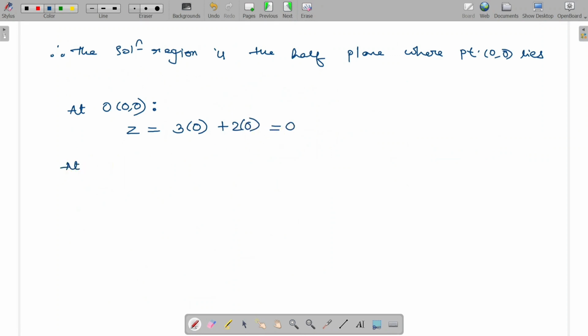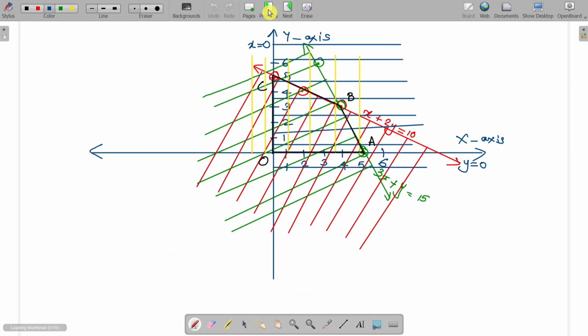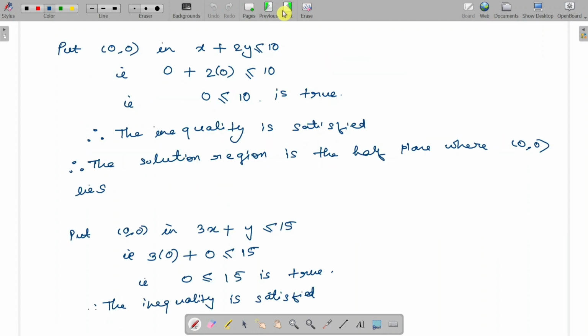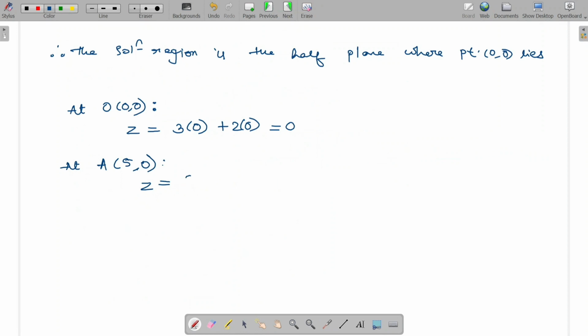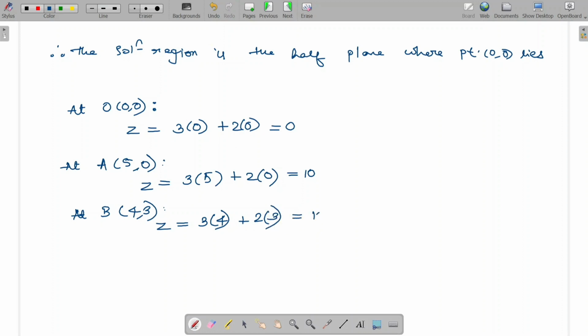Now at A equal to 5, 0, z is equal to 3 times 5 plus 2 times 0, which is nothing but 15. Now at B equal to 4, 3, z will be equal to 3 times 4 plus 2 times 3, that is 12 plus 6, which is nothing but 18, right.